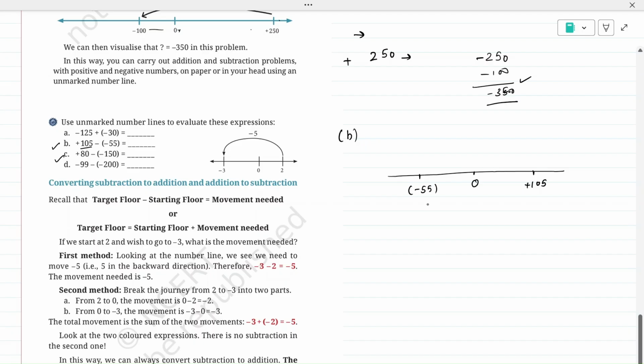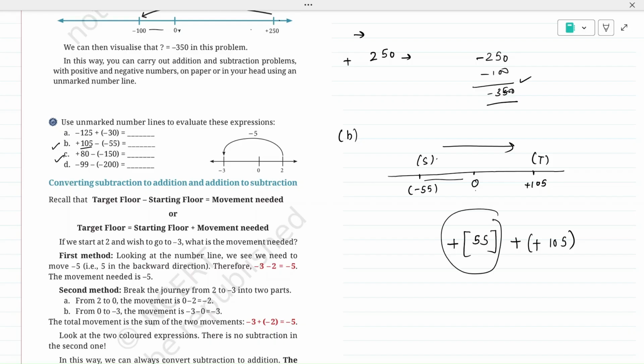So what is given to us? Since minus is in between these, that means this is my target point. This is my starting point and I have to take the movement. So from here I have to go in this direction. That means I will take positive. How many? Minus 55 to 0 means plus 55 I will take. To this again I am going to add 0 to 105, plus 105.